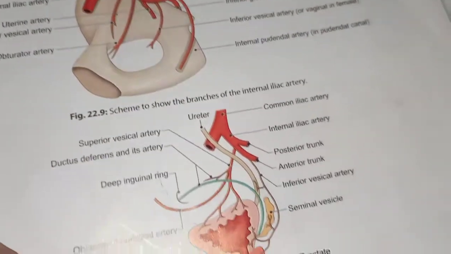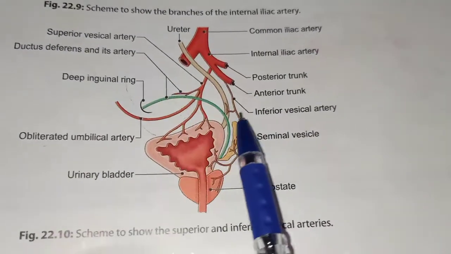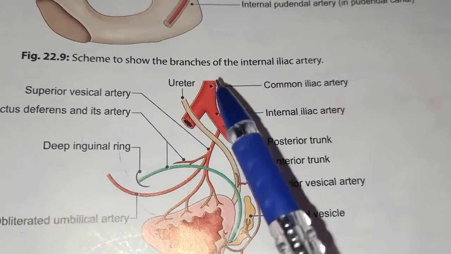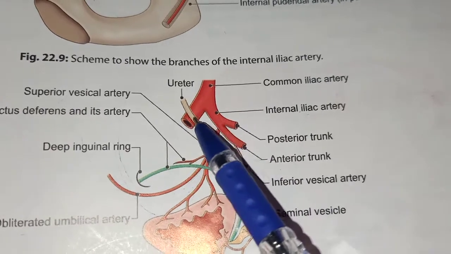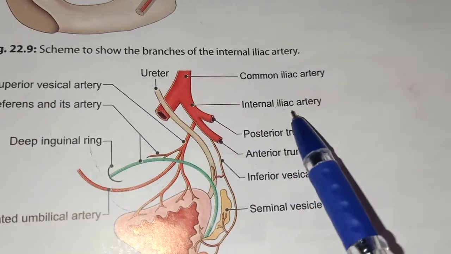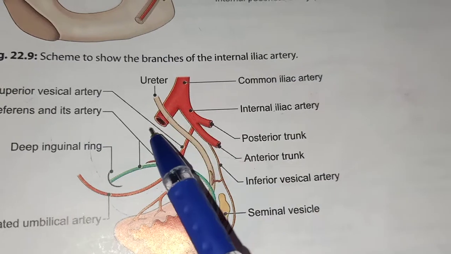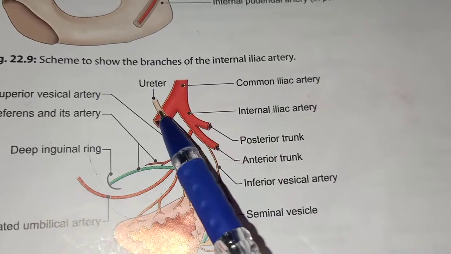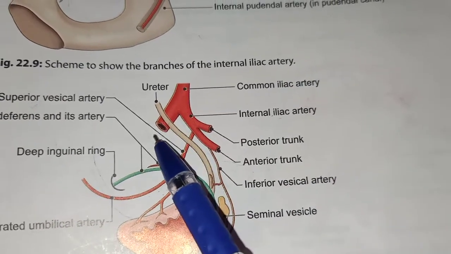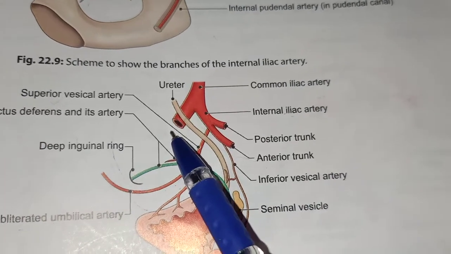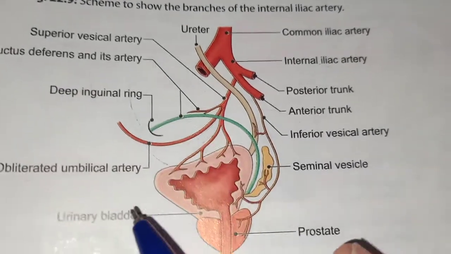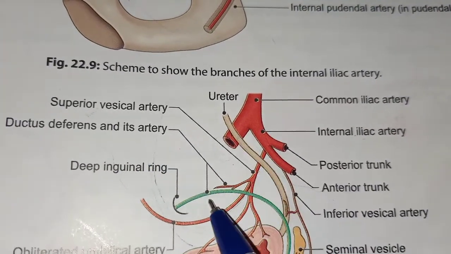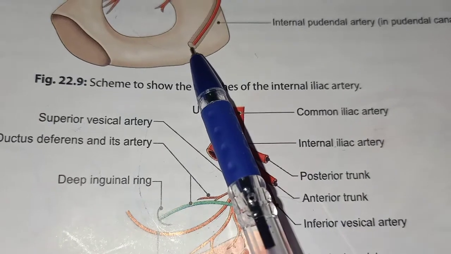If you remember the diagram which I taught you in my previous video, this is the common iliac, this is the internal iliac, this is the external iliac. Right now we are talking only about the internal iliac, because the external iliac, I have told you, ends by giving a branch known as the inferior epigastric artery, which hooks around the ductus deferens and reaches the anterior abdominal wall.